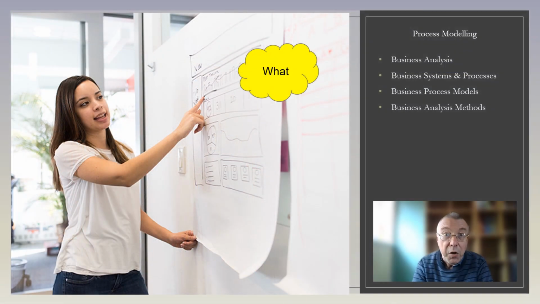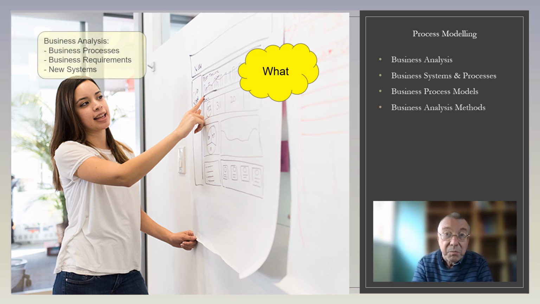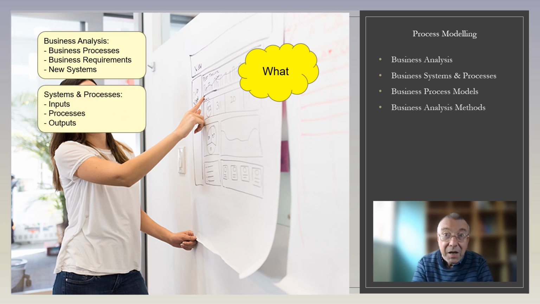By way of review, you now understand, I hope, the fundamentals of process modeling within business analysis. The fact that a system has inputs and outputs, and within that business system there are individual processes which have inputs and outputs.